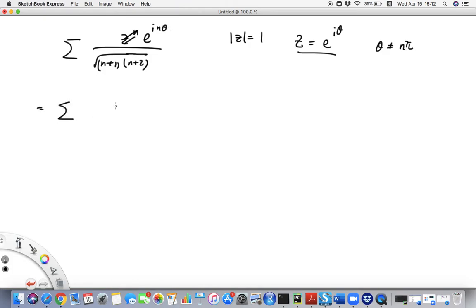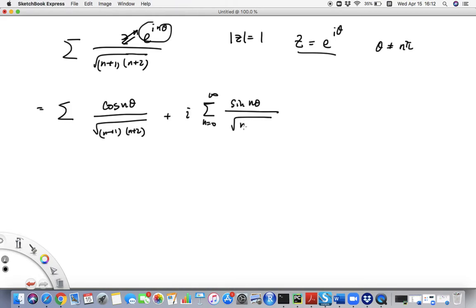Then you can decompose this and write it as cosine n theta plus i sine n theta.